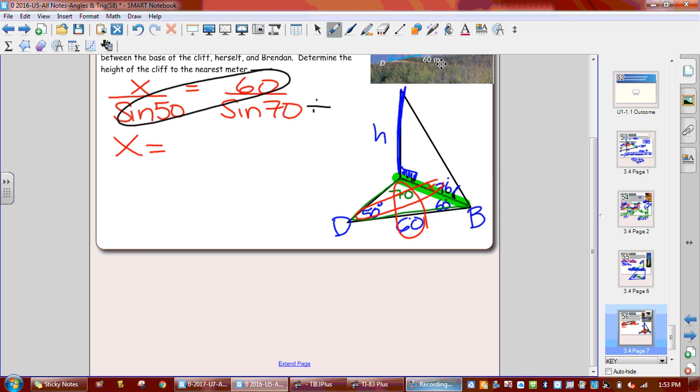So x is 48.9 you should get. You get 48.9, everybody check? 60 times sine 50, enter, divide by sine 70.